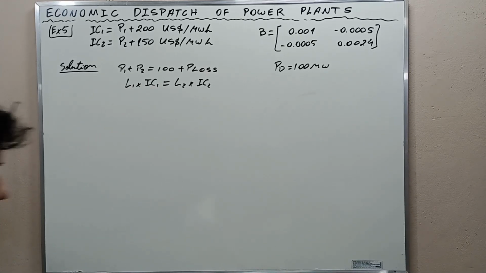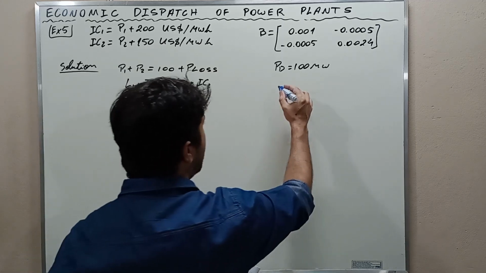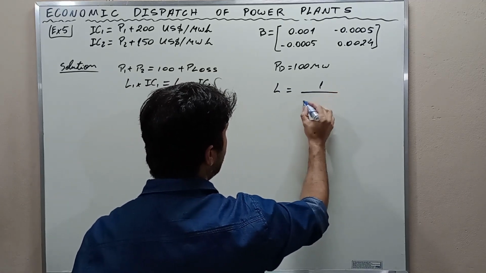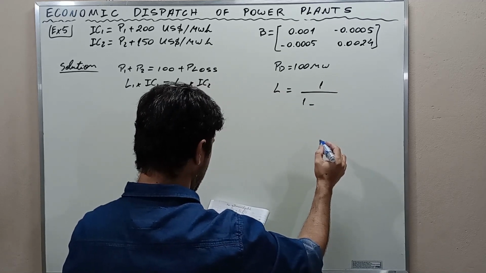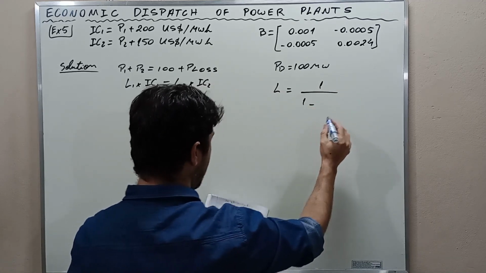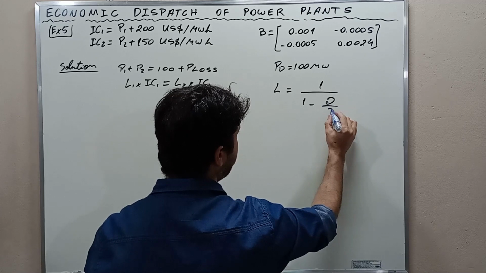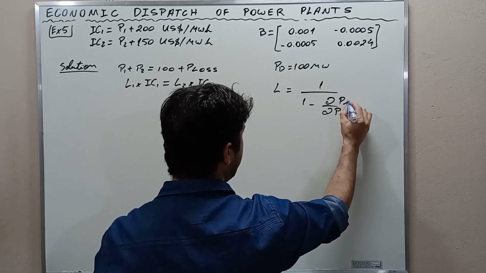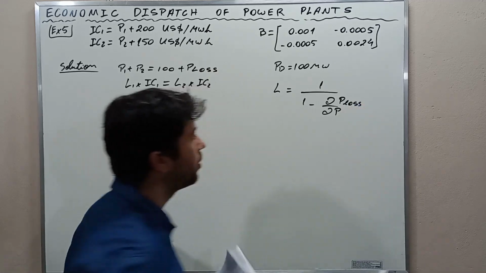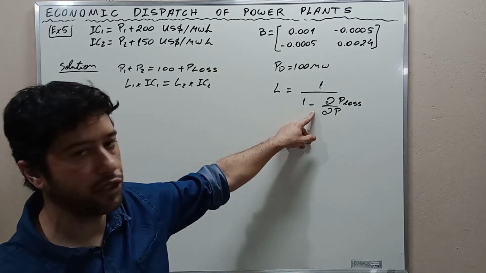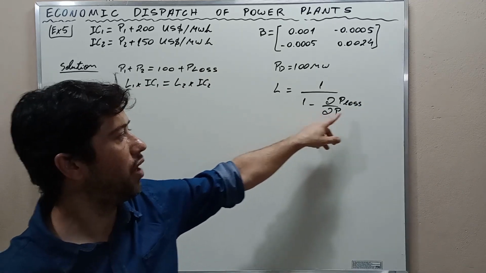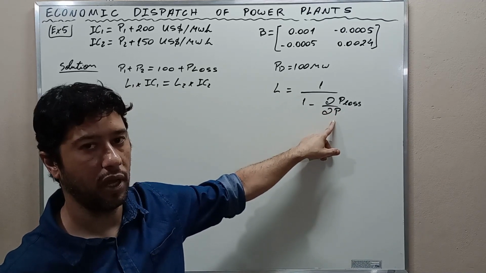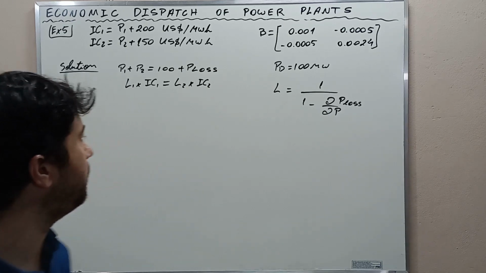We know that a penalty factor can be calculated by 1 over 1 minus the derivative with respect to the power of the losses. We are going to take the partial derivative of the expression of the losses with respect to the power output.